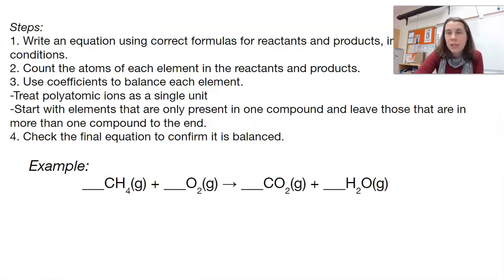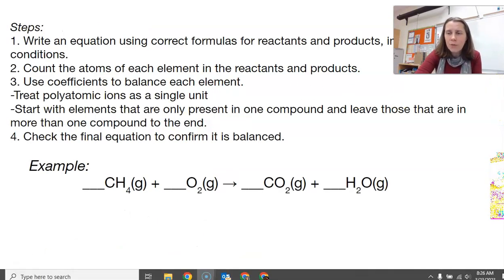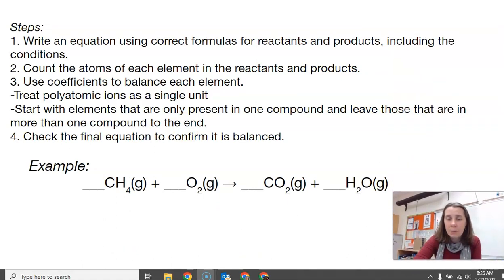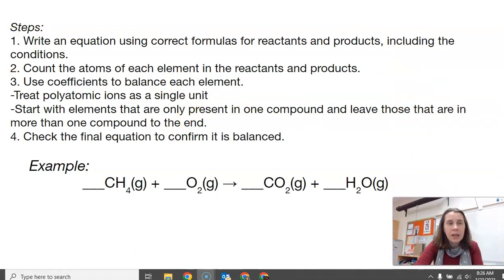Let's do some examples. I've written out the steps for you here, and they're there for your benefit, but you may or may not need them. First, we write down our equation using correct formulas for reactants and products and include the conditions. That means these little things in parentheses. In this equation, we've already been given the correct formulas and they're written out.